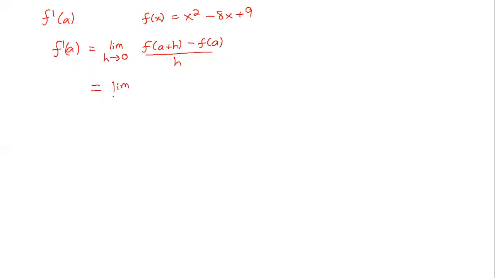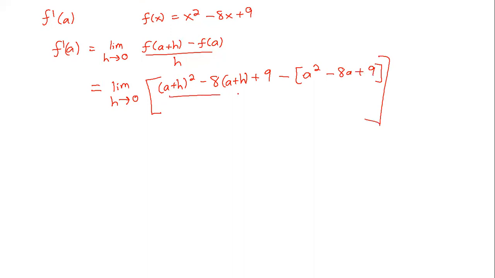So you would do the limit as h goes to 0 of, okay, (a+h) squared minus 8 times (a+h) plus 9 minus, and here I'm going to plug in a for x, so minus (a squared minus 8a plus 9), over h.